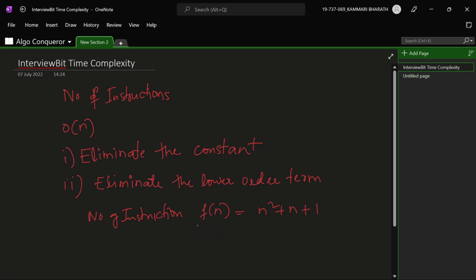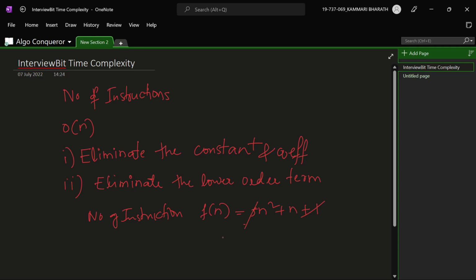And what is the big O notation of this function? What does the first rule state? Eliminate all the constants. You have eliminated this constant. And if you had a 5 here, you would also eliminate this. You should eliminate all the coefficients and constants. Let me write it here.